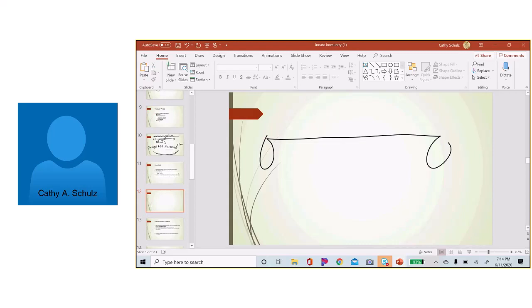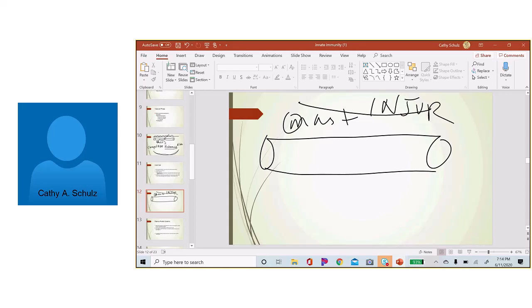So if this is our vessel where those mast cells were near and we had our injury above, besides the vessel dilating and the arteries clamping, so we've kind of trapped everything in this one section, those endothelial cells that line the vessel, the histamine will actually cause them to contract so that there'll be pores or spaces in between the endothelial cells, which makes it easier for proteins and water to leave the vessel.